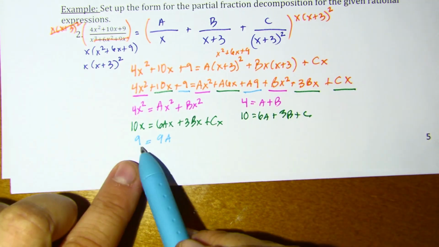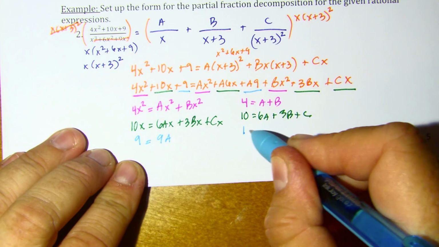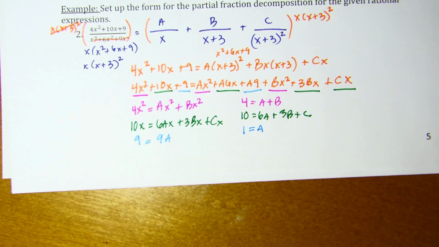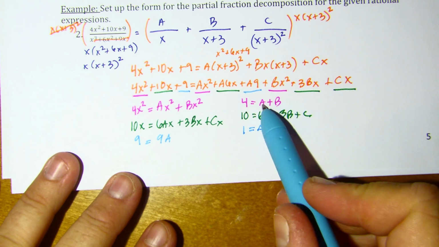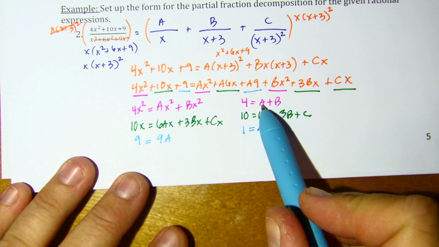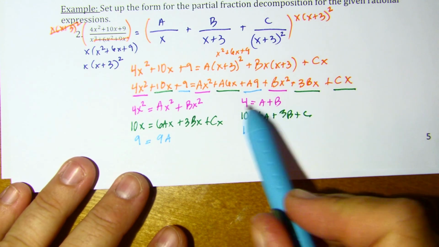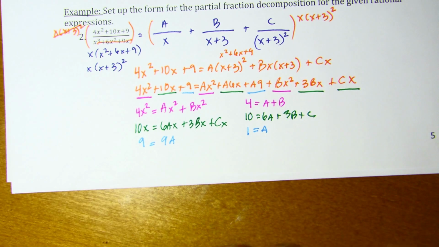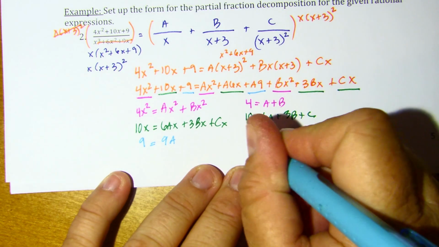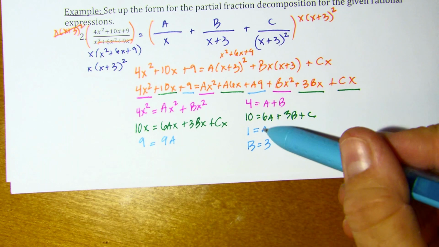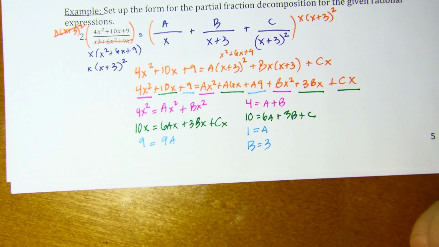In the bottom equation, if I divide both sides by 9, a is equal to 1. Well, if a is equal to 1, then plugging that into that equation, 1 plus b equals 4, b is going to have to equal 3. And if I know a and b, I can find c.